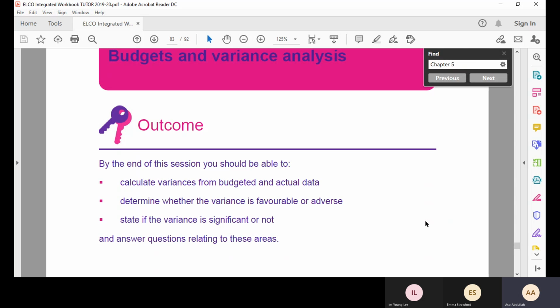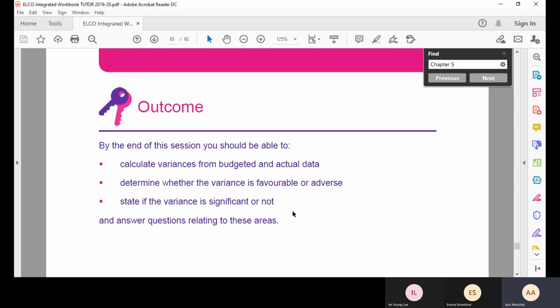Then we look at whether the variances between budget and actual are significant or not significant. So these are our three important points for today.